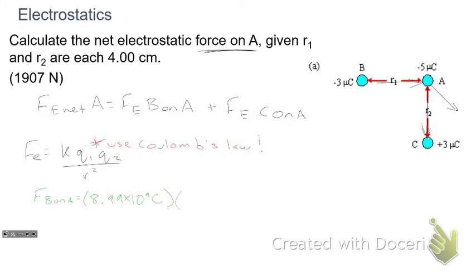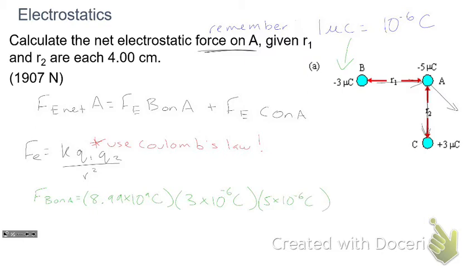Q1, and this is B on A, so we have 3 times 10 to the negative 6 coulombs. Remember, a microcoulomb is equal to 10 to the negative 6 coulombs. So 3 microcoulombs is 3 times 10 to the negative 6, multiplied by 5 times 10 to the negative 6 coulombs.